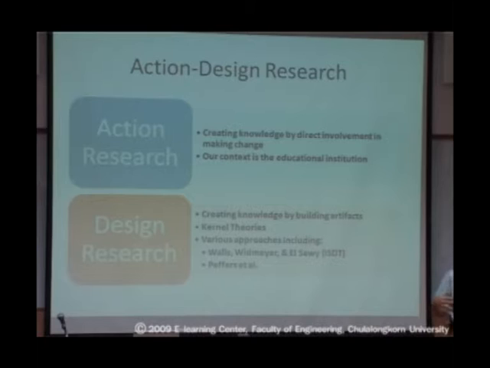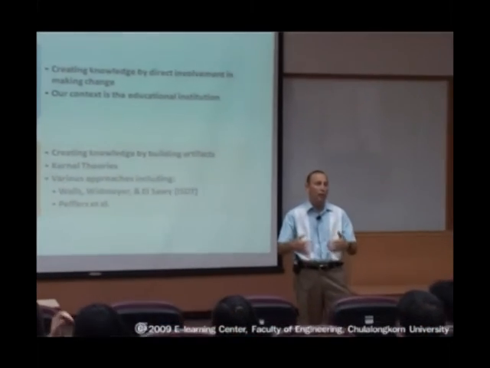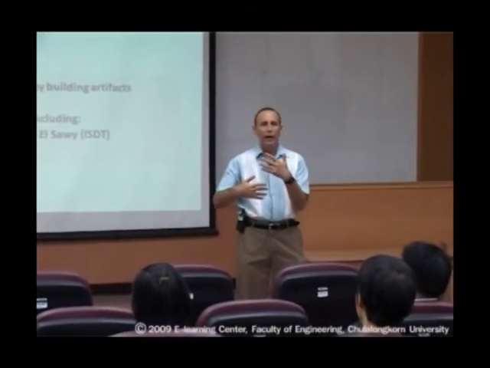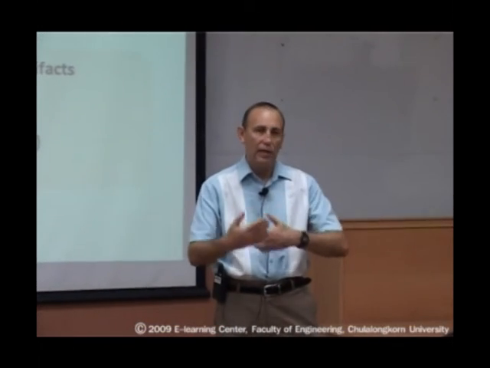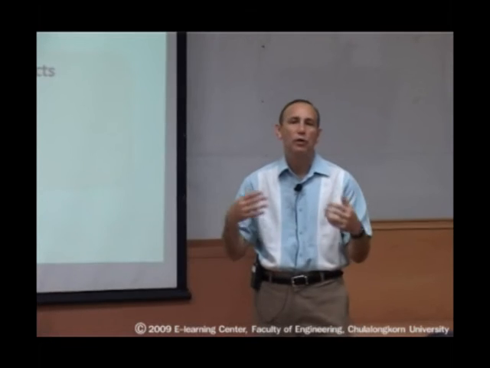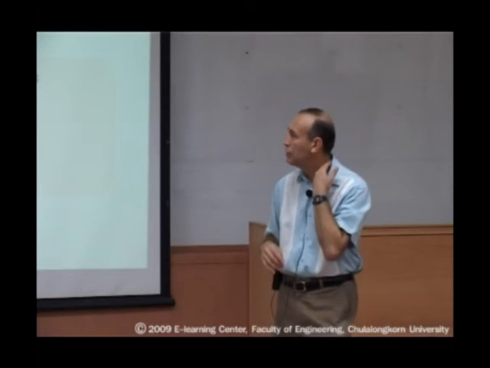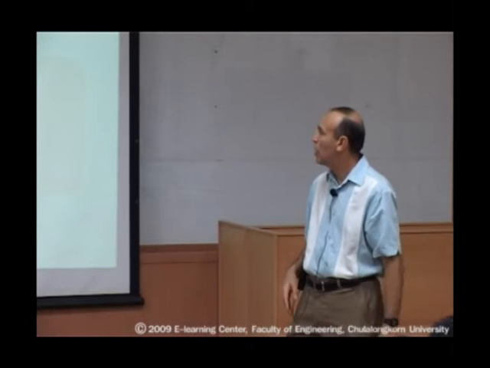You actually apply the ideas in a context, and you try and understand how those ideas predict what you try to accomplish by applying them. And you use the feedback to modify the thing that you're trying to do and test it again. So that's action research. It's really trying to take work out of the laboratory and into the setting that you think needs to be modified.